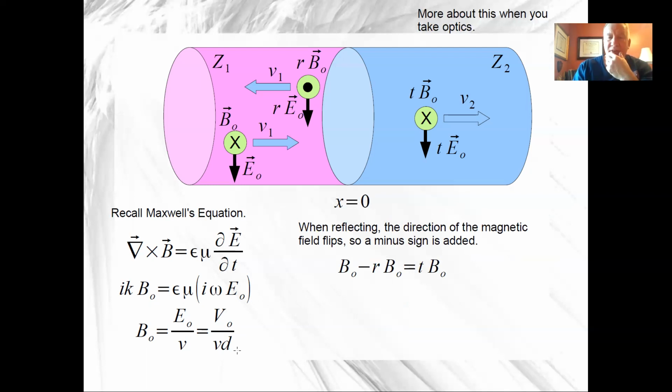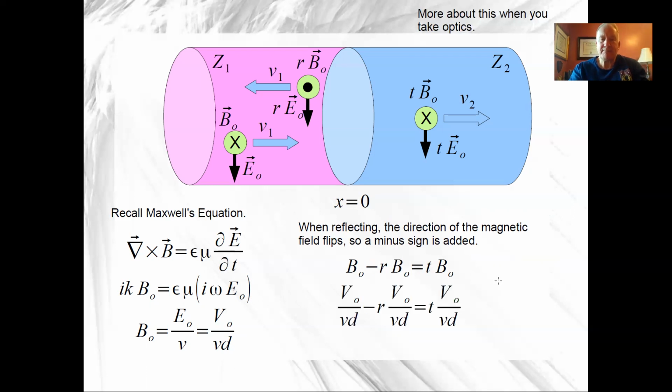So when reflecting, the direction of the magnetic field flips, so the minus sign is added. In this case, we get the magnetic field minus R times B naught, that's the reflected wave, is equal to T times the transmitted magnetic field. They have to be continuous across the interface, but their signs are going to flip. But B naught is equal to V naught over V times d.